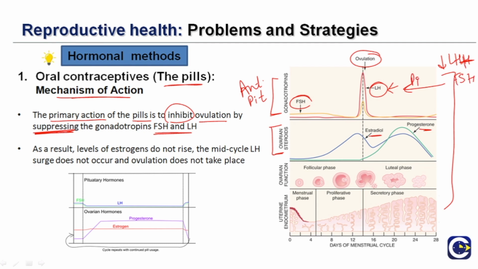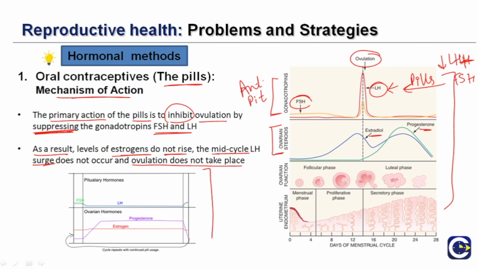This is where the pills are going to act, and as a result the levels of estrogen do not rise. Here the levels of estradiol within the ovaries will not rise. The mid-cycle LH surge, that is this red line here, will not occur and ovulation does not take place.